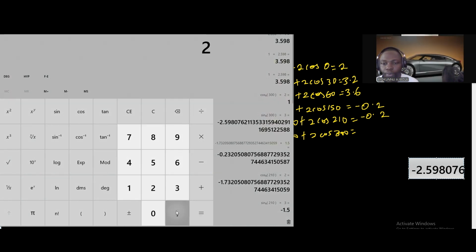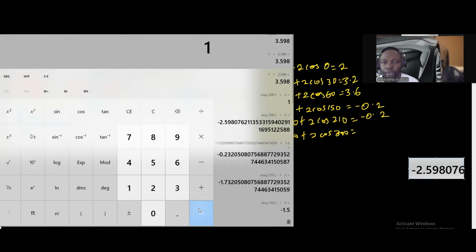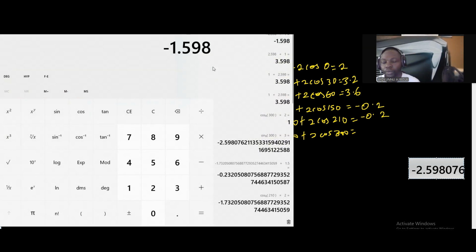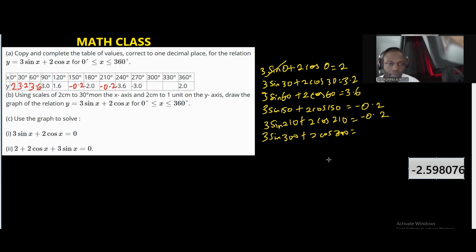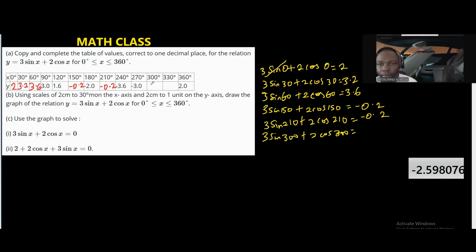2.598 negative plus 1, I think. This is minus 1.6, okay? Yes, sir. So minus 1.6 there on the paper. So we are minus 1.6 here.